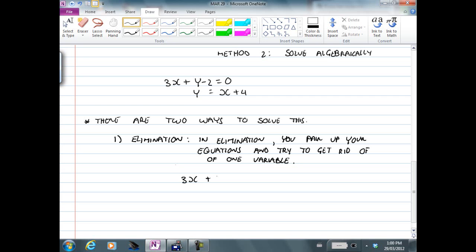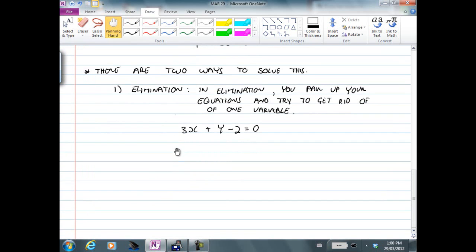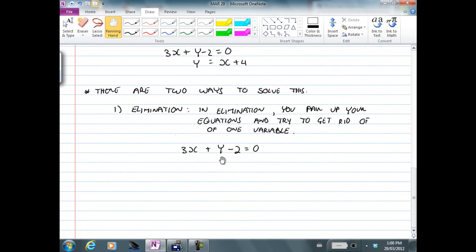3x plus y minus 2 equals 0. So guys and gals, I want you to set up this so such that all the y's are lined up and all the x are lined up. So I can move this x to the left side.